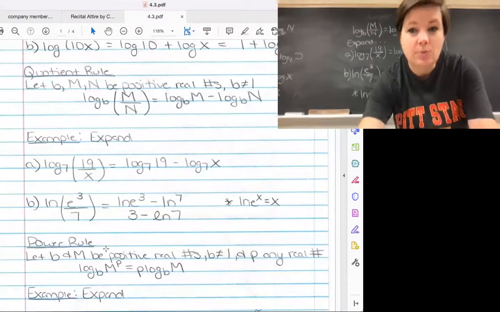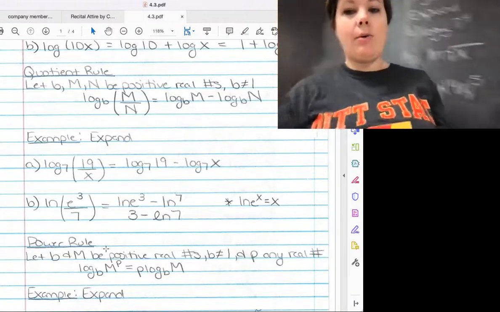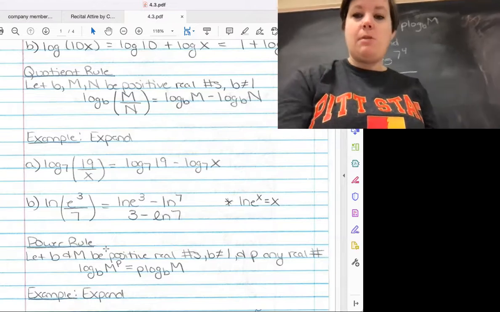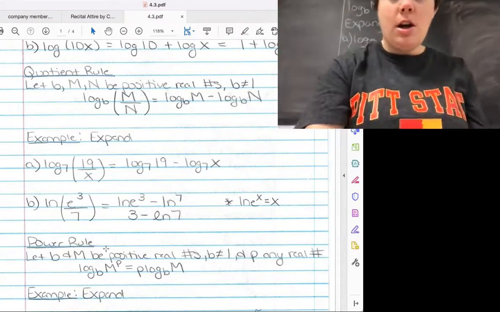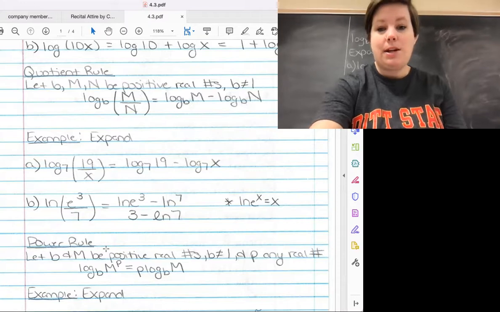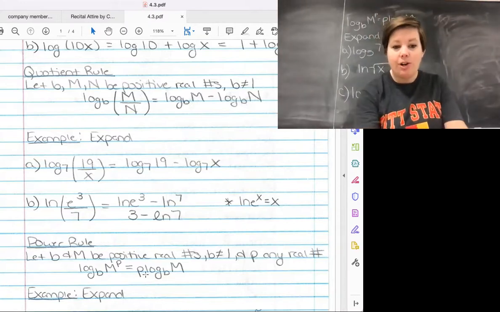The power rule is with exponents. You raise it to a power, so you have your power rule. The power rule says you have log base b of m raised to some power. Then you can simplify that, or you can expand it rather, to where you pull that power out front, and then you have log base b of m.